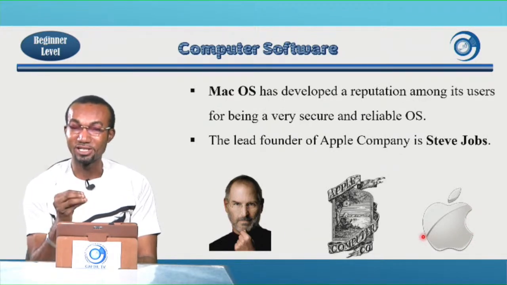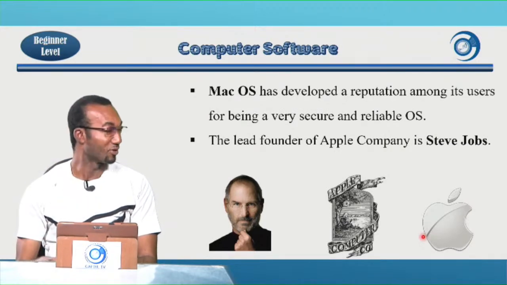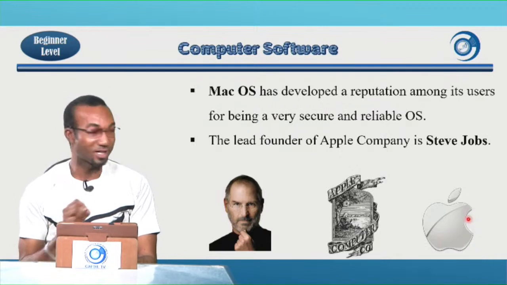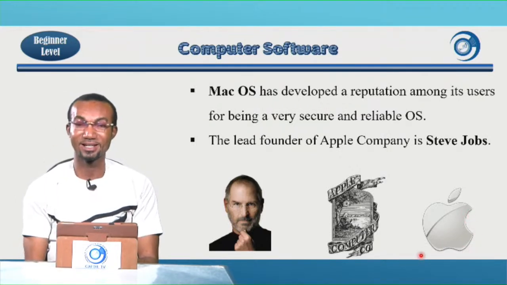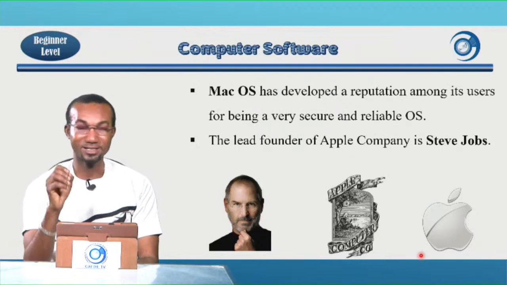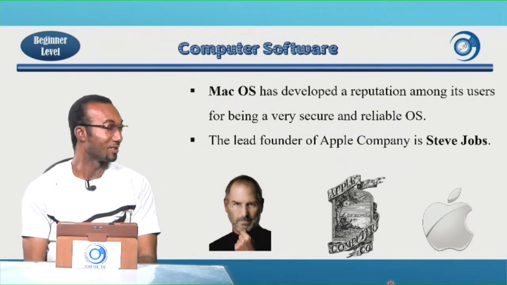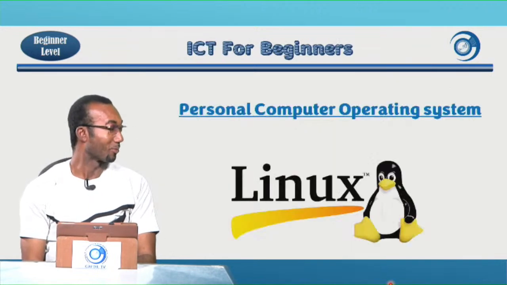It is the technology behind Apple that makes their systems very secure and reliable. So the small bitten part here is their secret, and that is what I read about. So that is the logo of Apple, and we all enjoy using Apple, especially their phones. This time everyone wants to use iPhone from Apple.